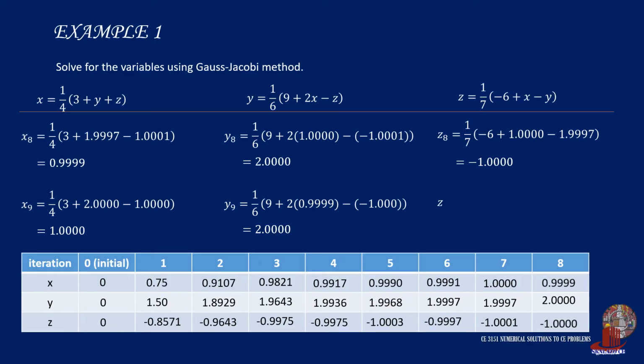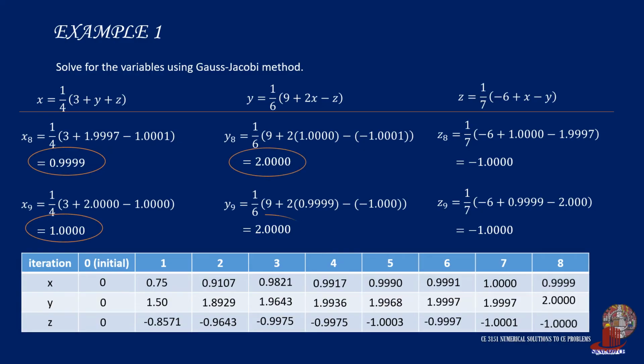And z sub 9 is 1/7 times negative 6 plus 0.9999 minus 2, which is negative 1. Notice that the values are very close to each other, if not the same. So, we can conclude that x is equal to 1, y is 2, and z is negative 1.